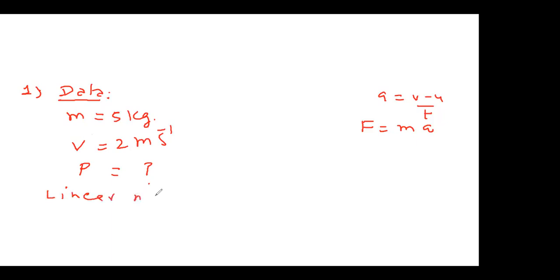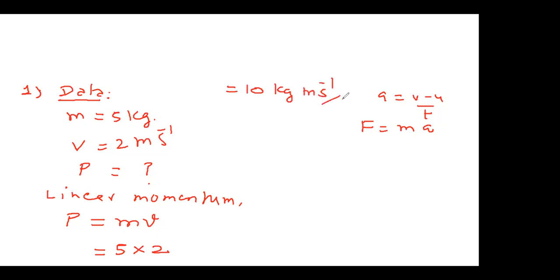Linear momentum, denoted by P, is mass into velocity. Mass is 5, velocity is 2. 5 into 2 is 10, unit is kg meter per second. Clear? Then do it. First some try.